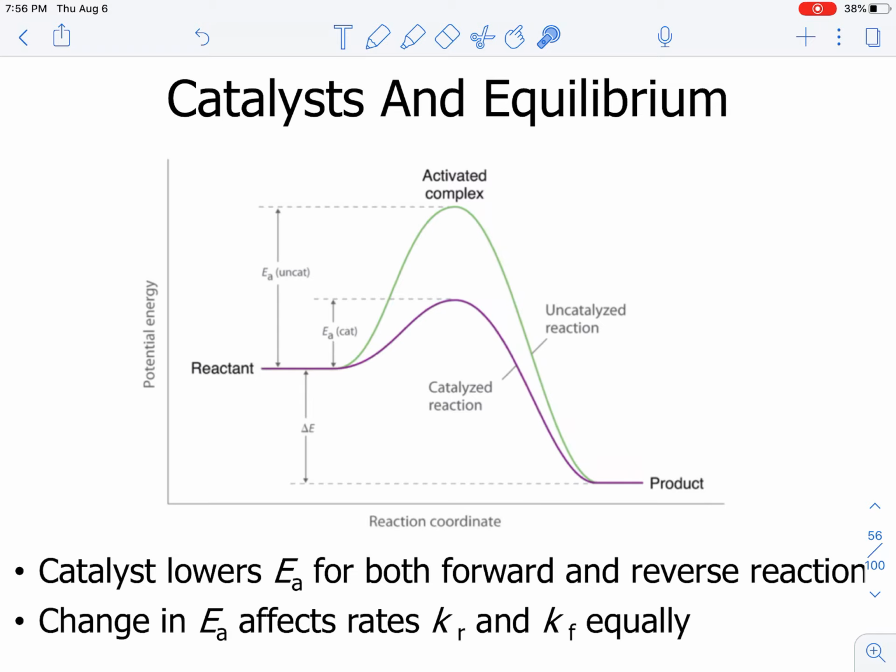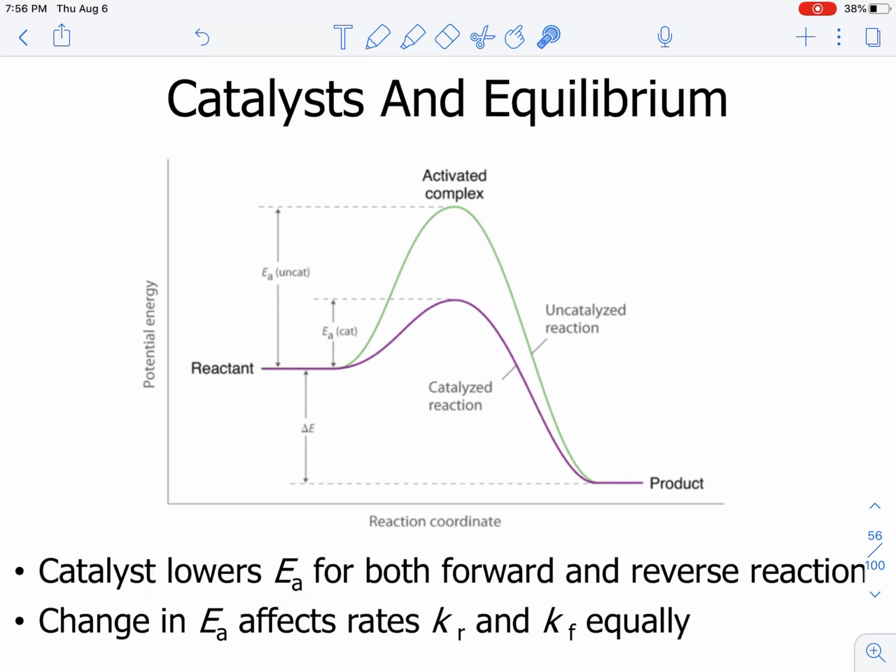And so from our lecture videos on kinetics, we learned that the purpose of a catalyst is to speed up the rate of the chemical reaction. And the way that a catalyst does that on a potential energy diagram is to lower the activation energy.